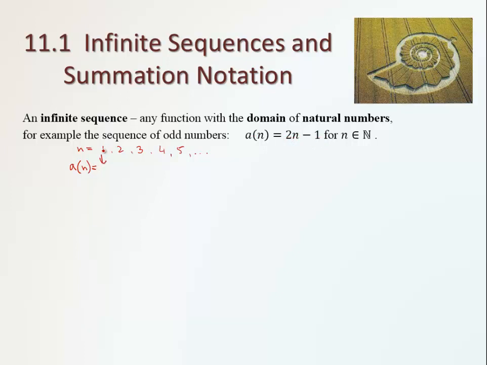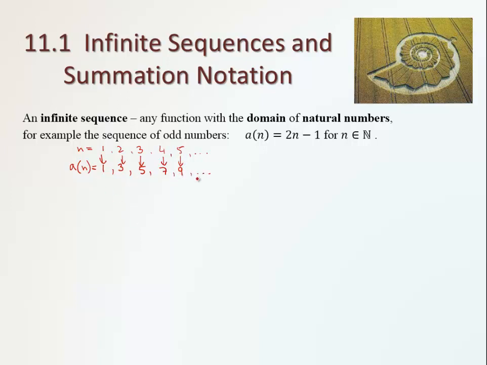So the input 1 will result in the output 1 as well. The input 2 will result in the output, well, 4 minus 1 is 3. The input 3 will result in the output 3 times 2 is 6 minus 1, so it's 5, and so on. The input 4 will give us the value 7, and input 5, 9.